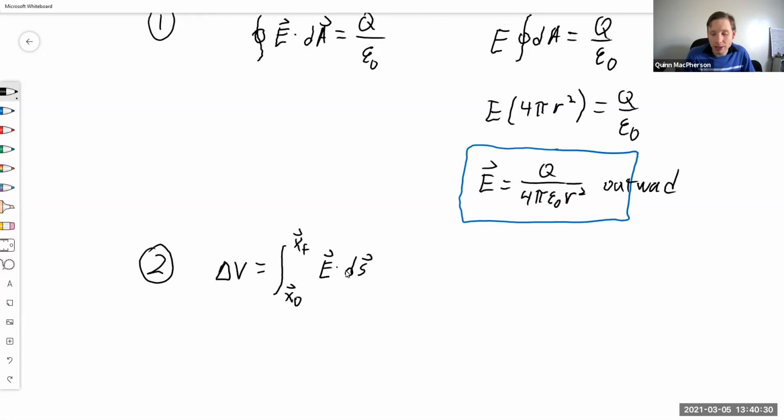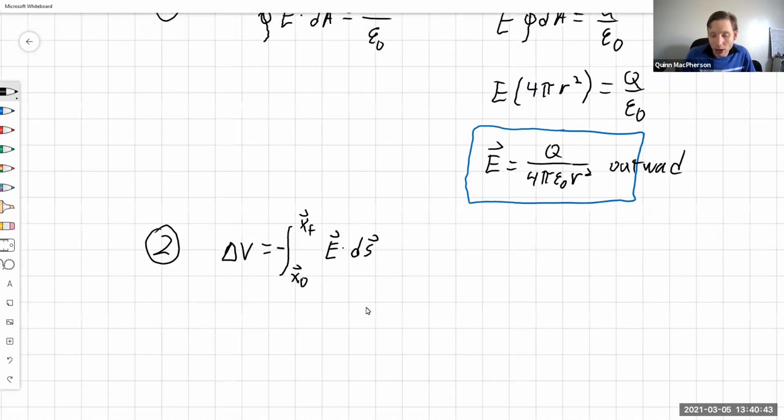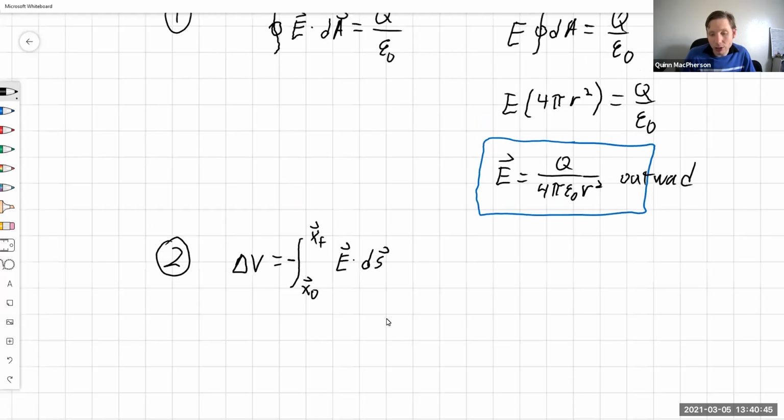This is basically saying, field points downhill. If you integrate downhill, sorry, there should be a negative sign there. You get a voltage difference.